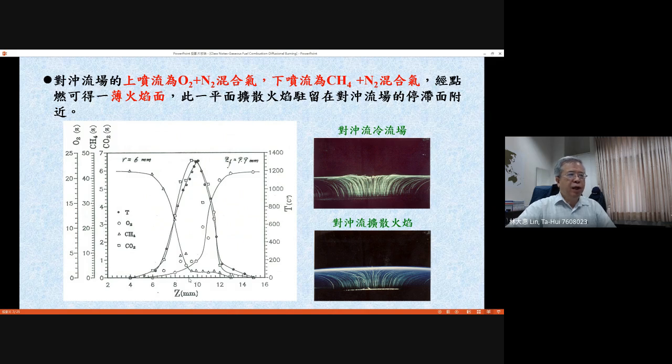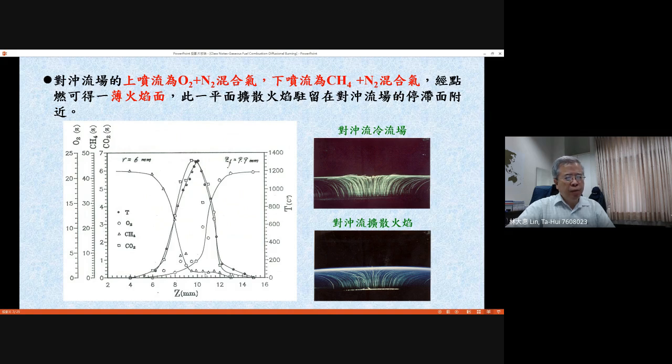Okay, then you can see the oxygen concentration dropped tremendously to some small value, but it still leaks to the fuel side. In a similar way, the fuel methane will drop very fast, and this steep gradient gives you a small value at the position of the diffusion flame.